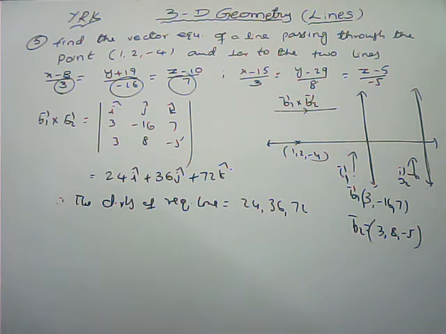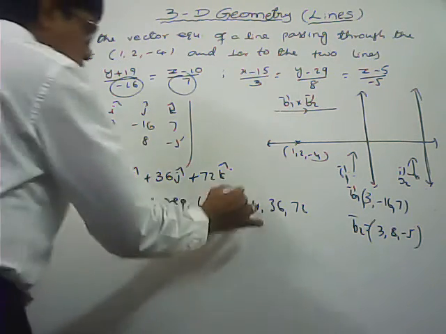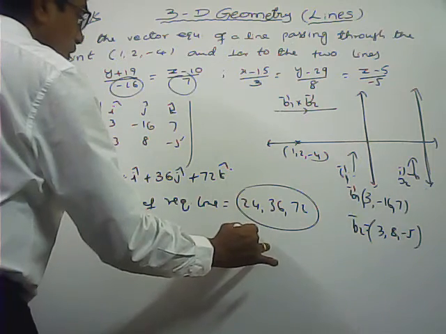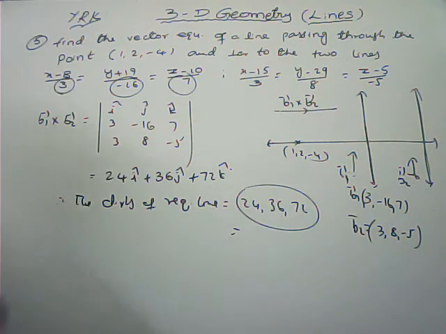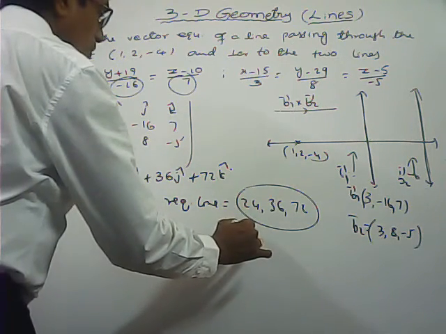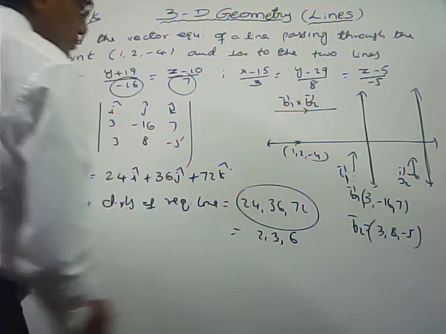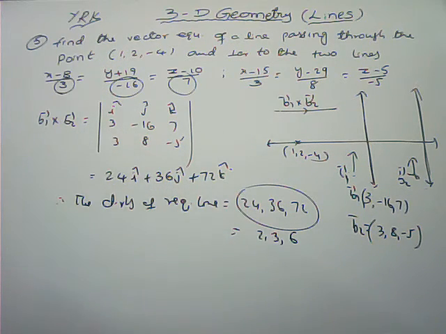The numbers which are proportional to these are also said to be DRs only. In the simplest form I am writing 12 into 2, 12 into 3, 12 into 6. So 2, 3, 6 are the DRs of the required line.